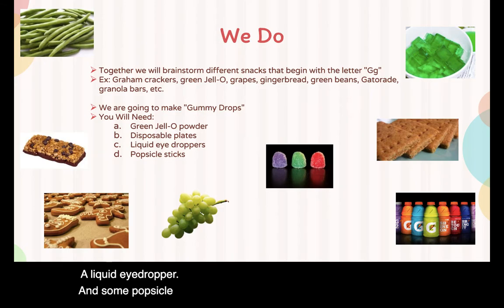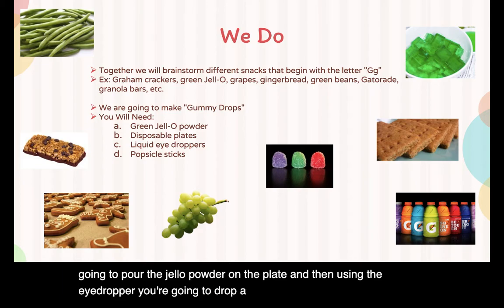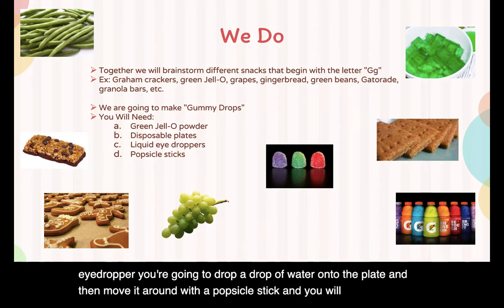And then what you're going to do is you're going to pour the jello powder on the plate, and then using that eyedropper, you're going to drop a drop of water onto the plate and then move it around with the popsicle stick, and you will have your own gummy.